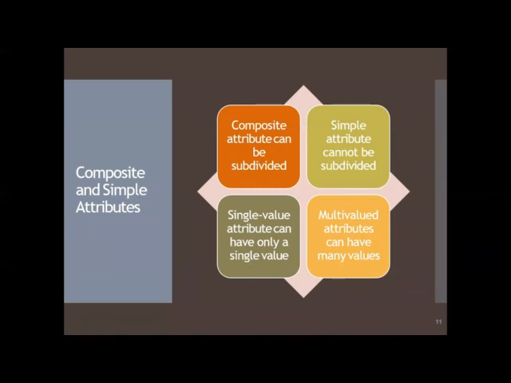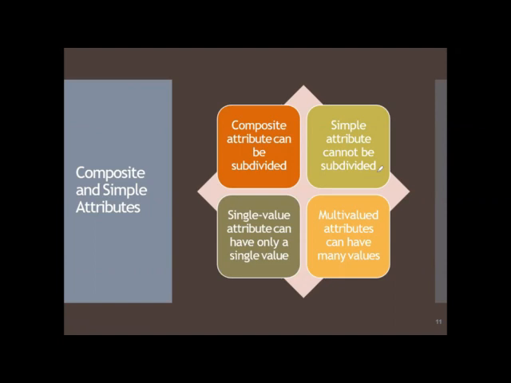Composite and simple attribute. Composite attribute can be subdivided. Simple attribute cannot be subdivided, because we know that simple cannot be divided.